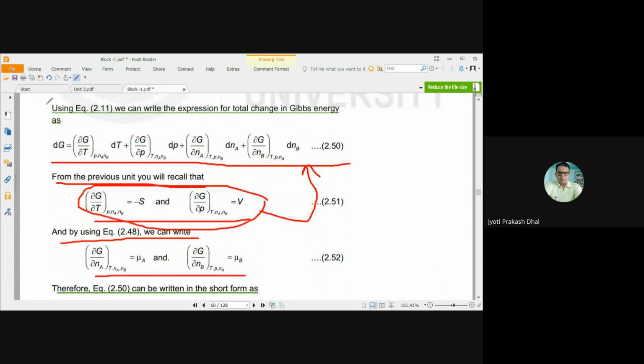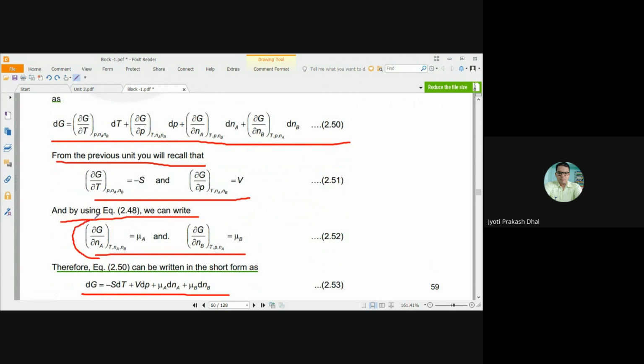and again, the third term, that is del G by del Na, that is the change in Gibbs free energy with respect to change in number of moles of A only at constant temperature, constant pressure, and constant number of moles of B. So here you will write P. There is a printing mistake. You will write P here, at constant temperature, constant pressure, and constant number of moles. That is nothing but the chemical potential of A. And similarly, the fourth one.